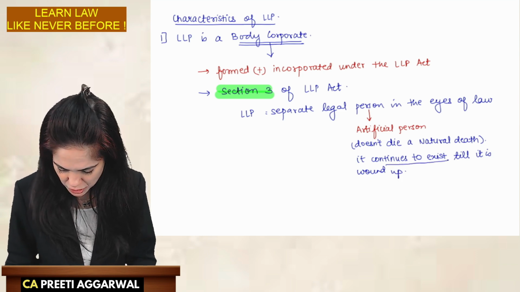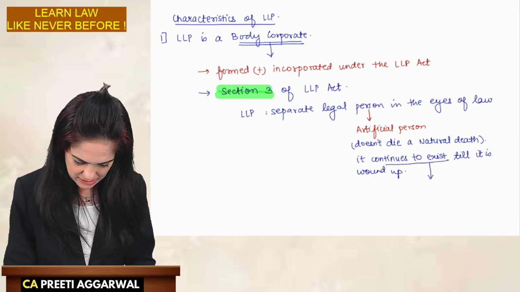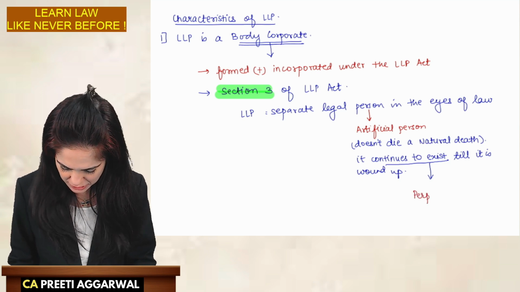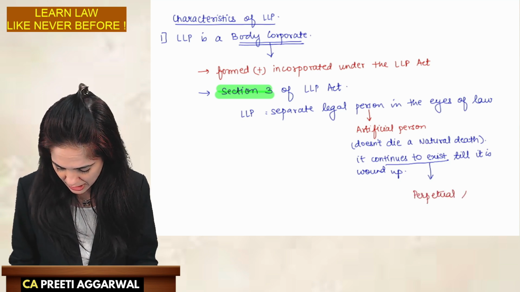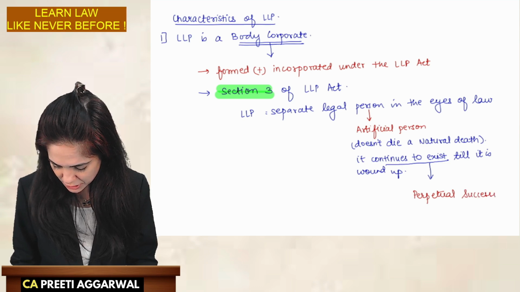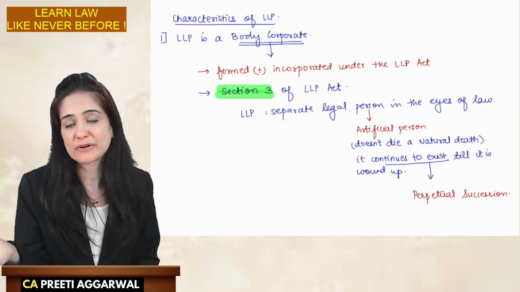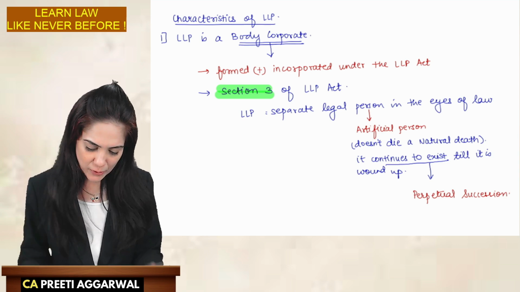Because it continues to exist, this is perpetual succession. See how I am connecting each word with the next sentence. Yes, I learned only one sentence.